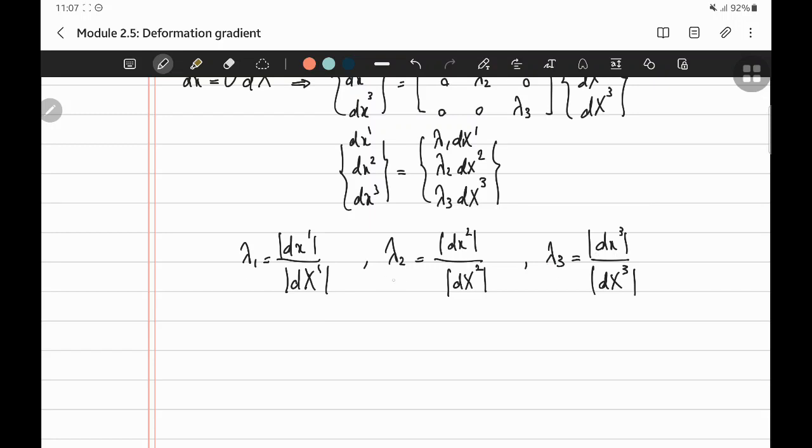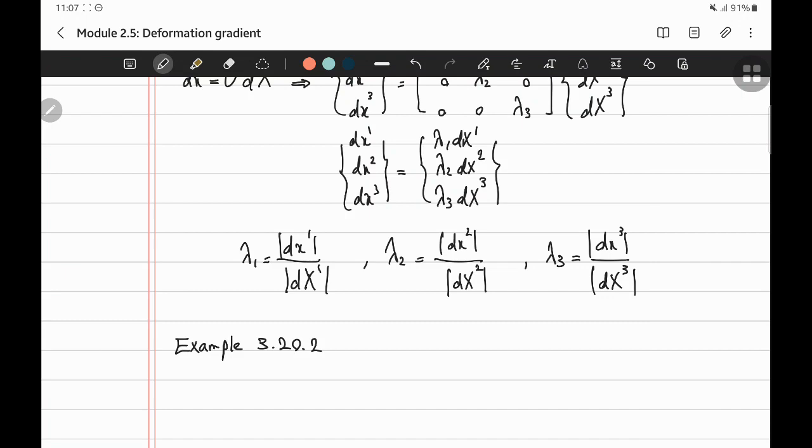This is lambda 1, lambda 2, and lambda 3. So it deforms like this. As I already mentioned, if you have a particle like this, it will stretch like this. There is a very nice example, 3.20.2, which will show how this pure stretch tensor actually works.